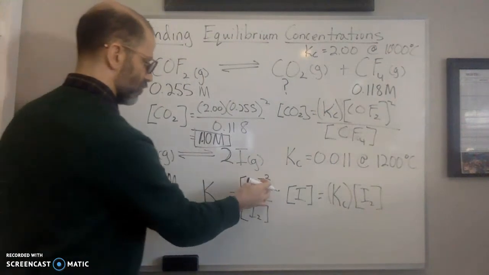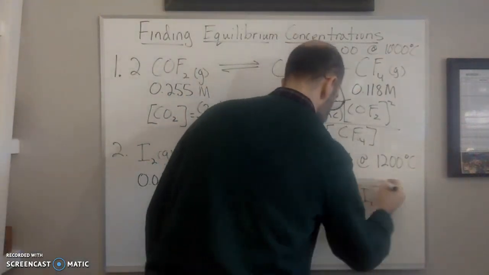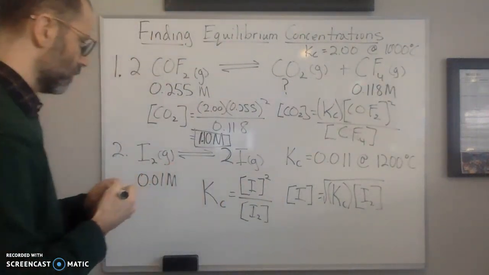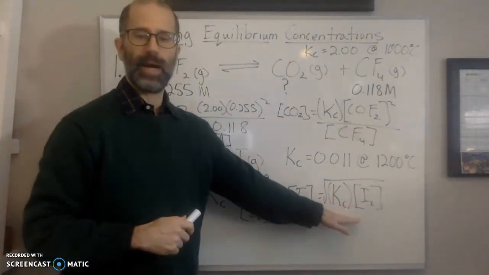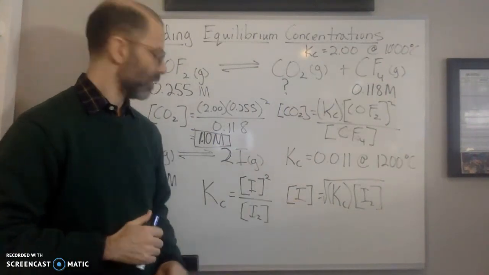But because there's a square there, I have to take the square root of this. So here's my expression for the concentration of I.